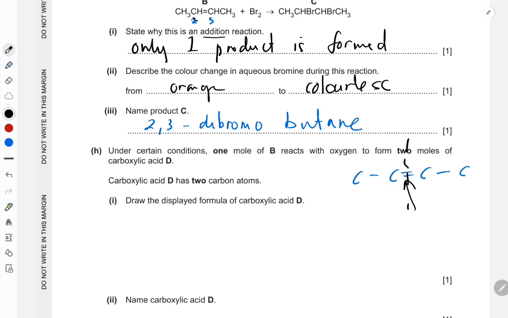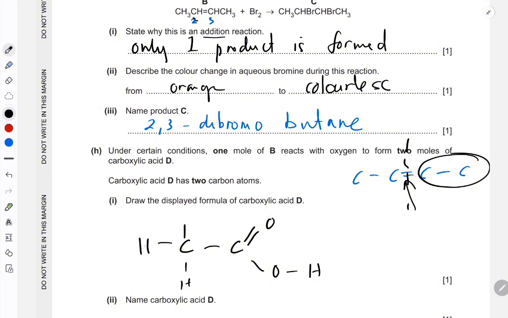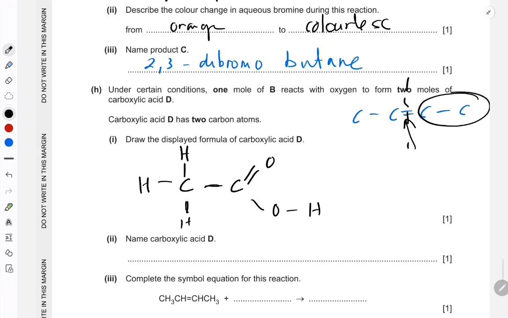Follow? So what's the carboxylic acid? It'll be a 2 carbon system. So C double bond O, OH. It's the hydrogens all there. Count, carbon always has 4 bonds. Hydrogen 1, oxygen 2.